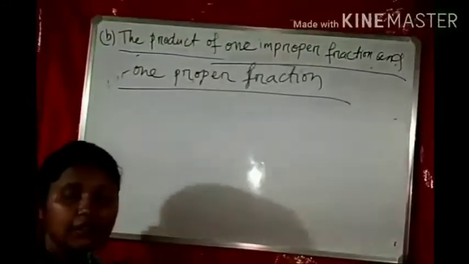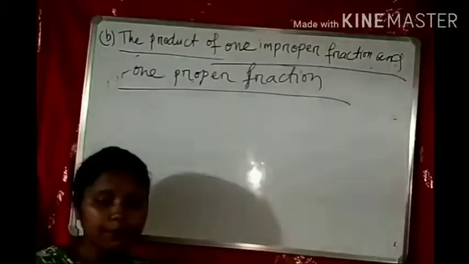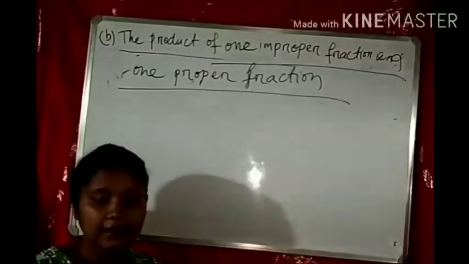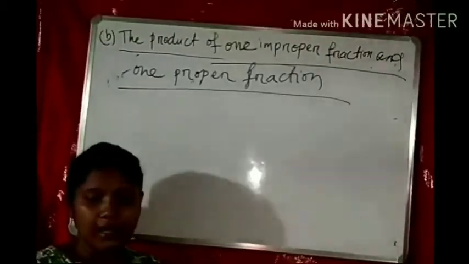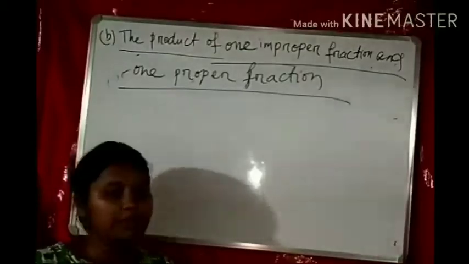So what is given? If we multiply a proper fraction with an improper fraction, then the product is greater than the proper fraction and the product is lesser than the improper fraction.